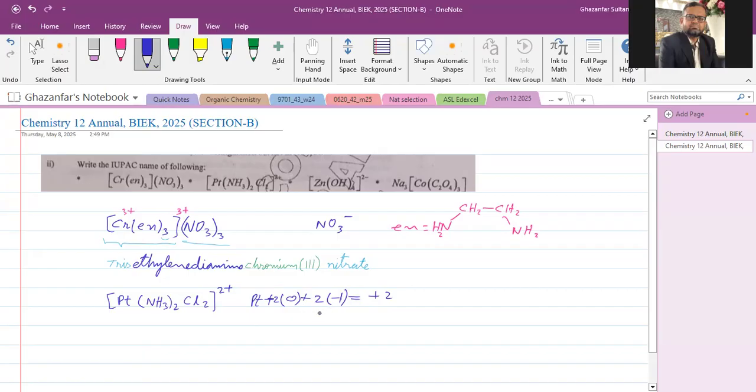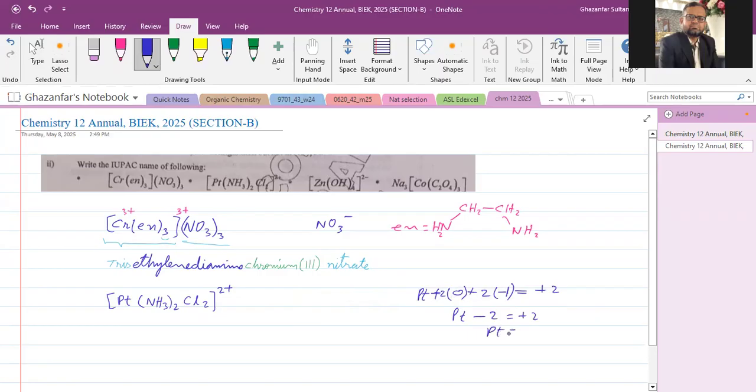Okay. So in this way, if you calculate, then you find that Pt plus 0, 2 into -1 is equal to -2, is equal to +2.